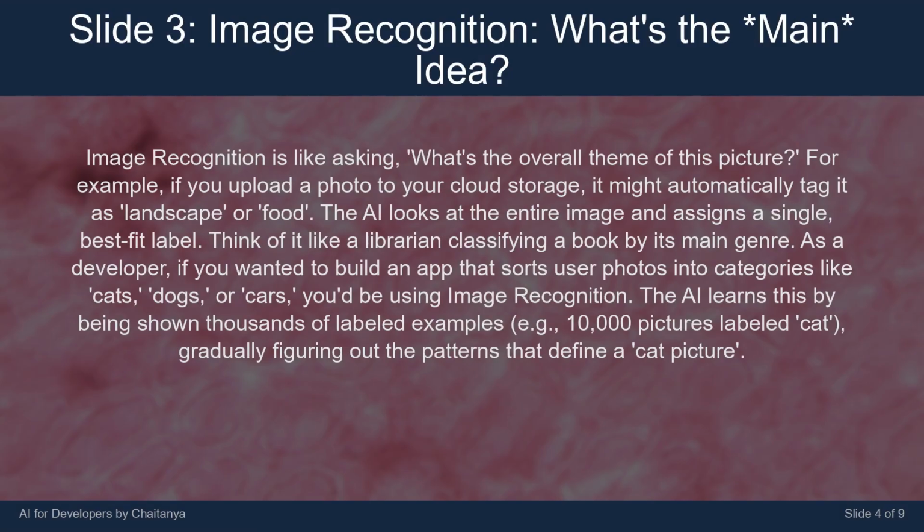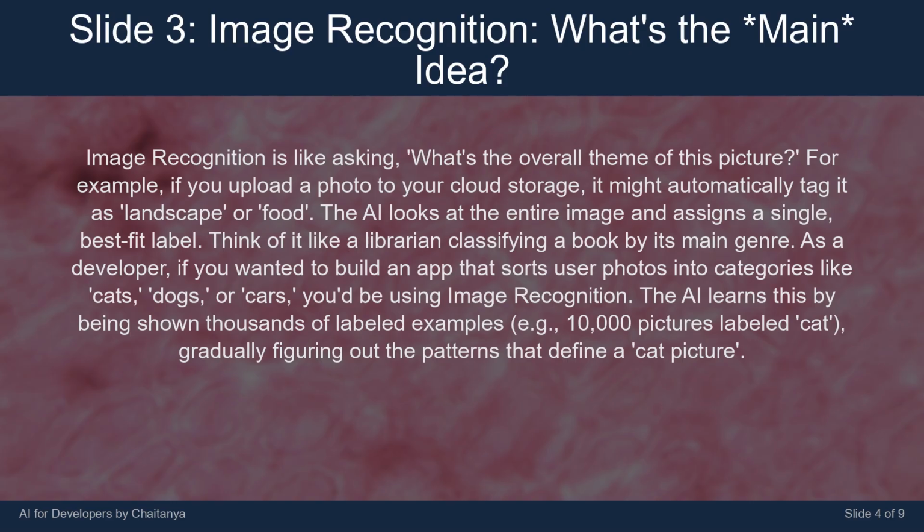Image recognition is like asking, what's the overall theme of this picture? For example, if you upload a photo to your cloud storage, it might automatically tag it as landscape or food. The AI looks at the entire image and assigns a single best fit label. Think of it like a librarian classifying a book by its main genre.